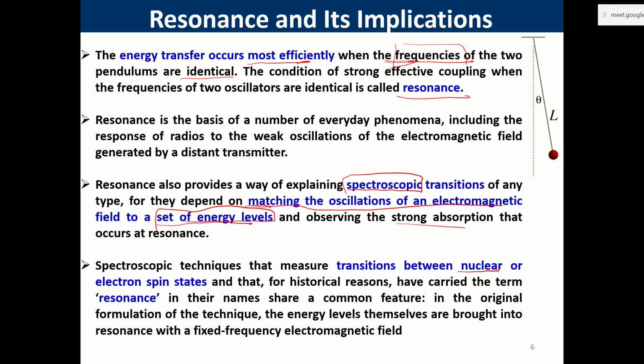But here, the one that we are going to talk about is the magnetic part of the light, the oscillating magnetic field, which will come into the picture. It is the oscillation of that magnetic field vector that we are talking about when we discuss EPR, NMR, such techniques.